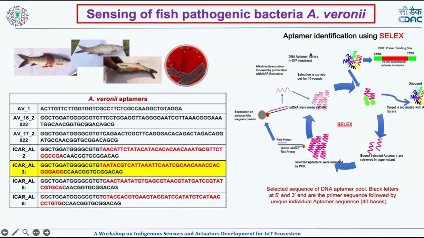These aptamers are identified or synthesized using SELEX. This is a small depiction of the SELEX procedure, where a large DNA or RNA aptamer library is used, and from a selection of this library, a single DNA or RNA fragment is selected.